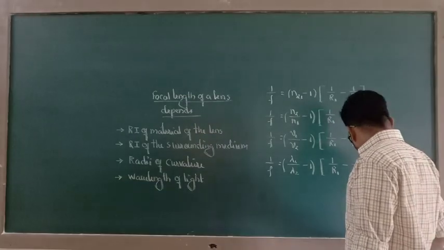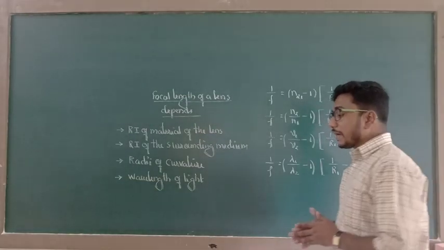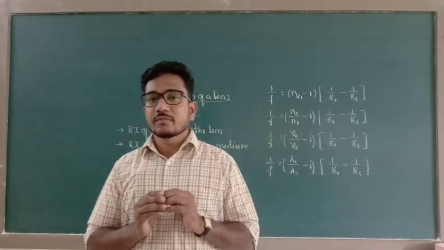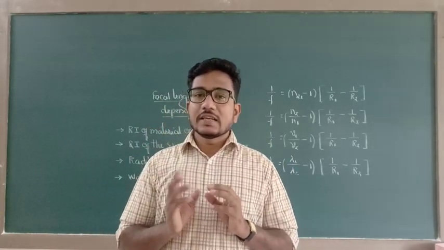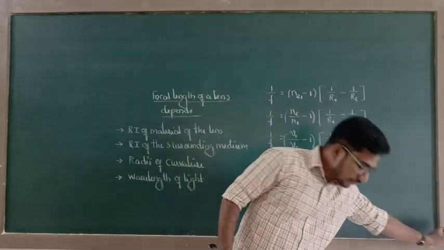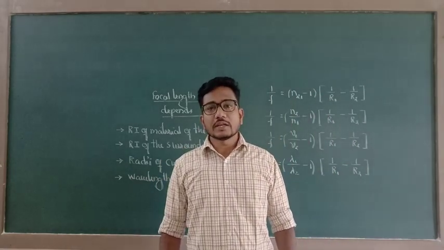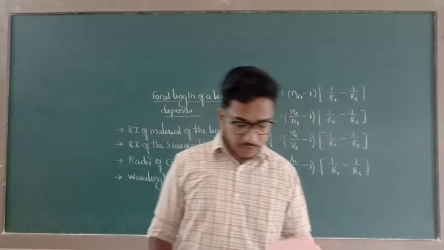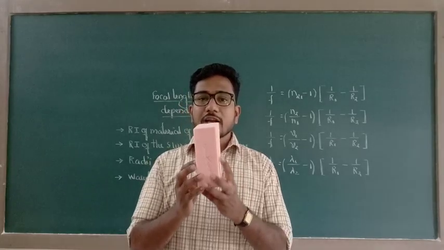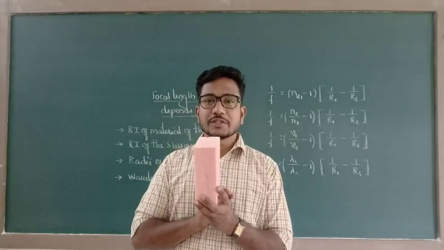Next, we know that when a parallel beam of light is made to pass through a convex lens, it converges the light beam. For example, this is our convex lens.